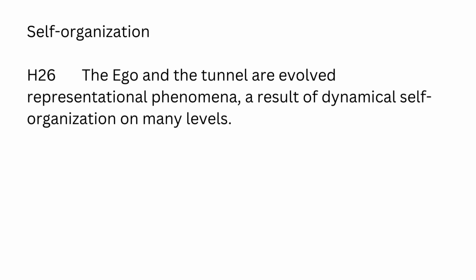As indicated here, I found one hypothesis that goes further into this topic. It says the ego and the tunnel are evolved representational phenomena as a result of dynamical self-organization on many levels. Now, if you compare this statement with Embodied Mind, a book that we covered, by Francisco Varela, I'm going to try and link it up here somewhere in this video.